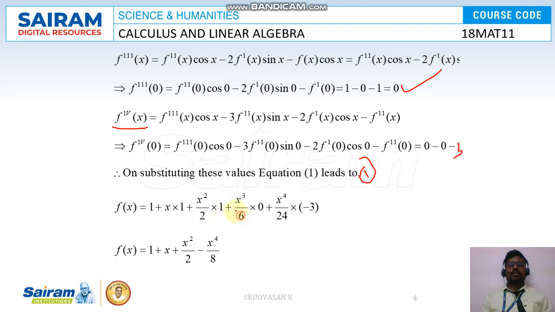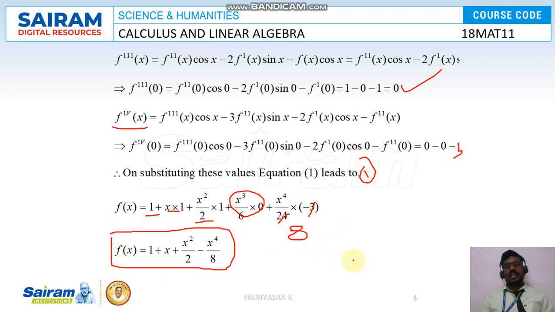This is 0, so it will be cancelled. Only 1 plus x square by 2, and minus 3 by 24 is minus 1 by 8, so x power 4 divided by 8. So this is the expansion of e power sin x: 1 plus x square by 2 minus x power 4 divided by 8.